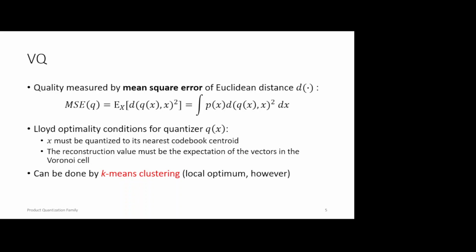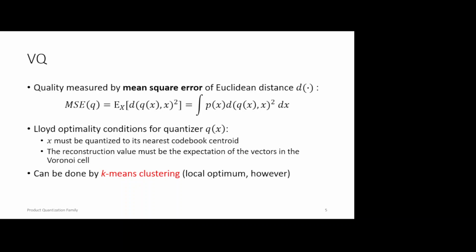And how do we measure the quality of this quantizer? We usually use the mean square error of the Euclidean distance. We use d as the Euclidean distance function, and the equation is like this.